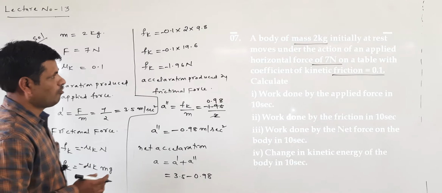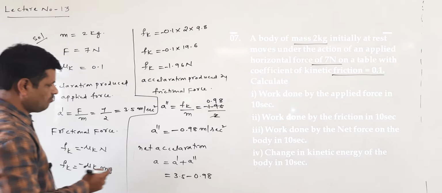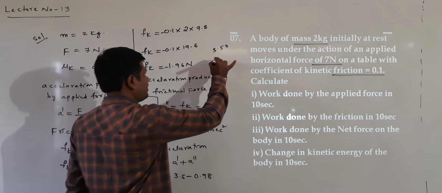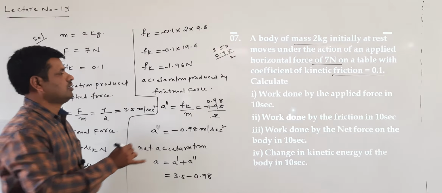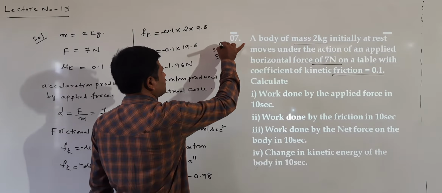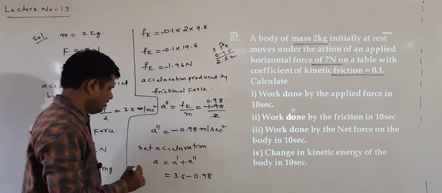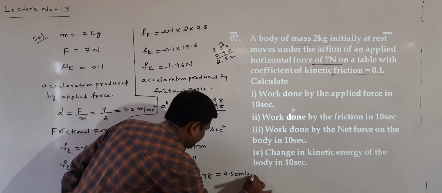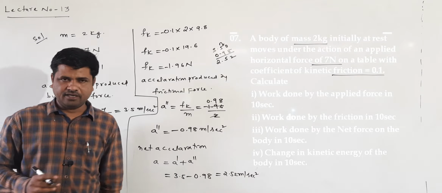Minus 0.98 means 3.5 minus 0.98. We are getting 2, the remaining is 4, 4 means 5, 2.52. Now net acceleration is equal to 2.52 meter per second square. Right, this is the net acceleration we are getting here.